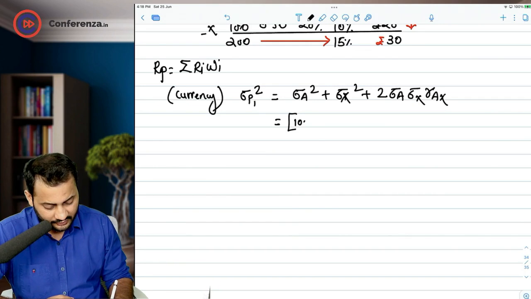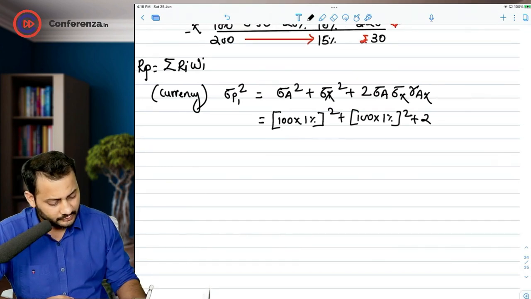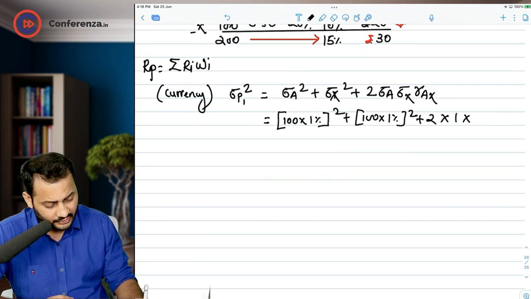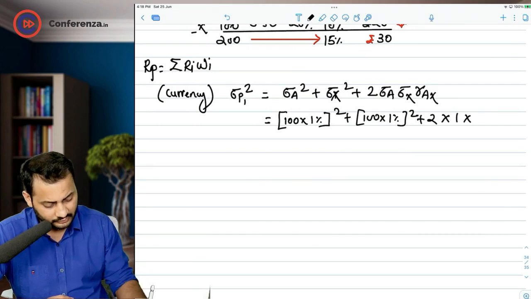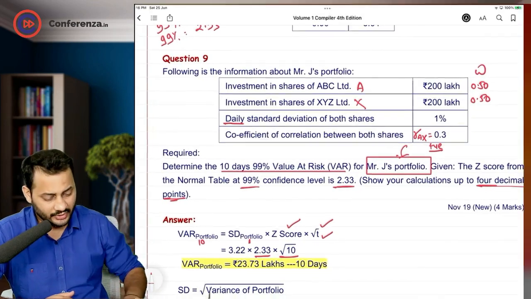So I can write down like this: 100 lakhs into 1% square plus 100 lakhs into 1% square plus 2 into... how much is the 100 lakh into 1%? They have invested 100 lakhs or 200? Sorry, that is 200 lakhs.